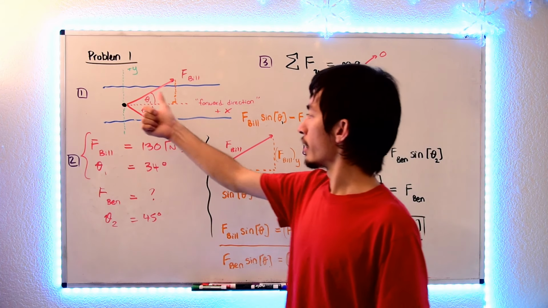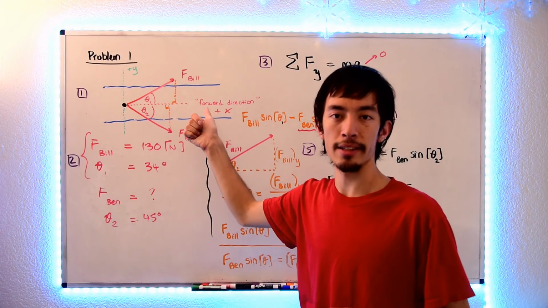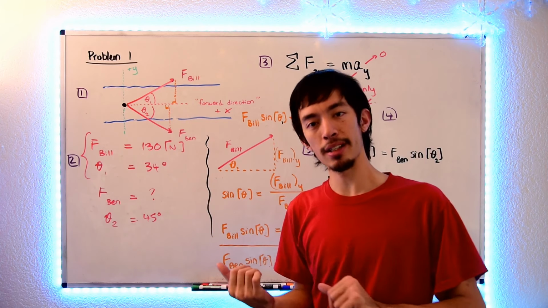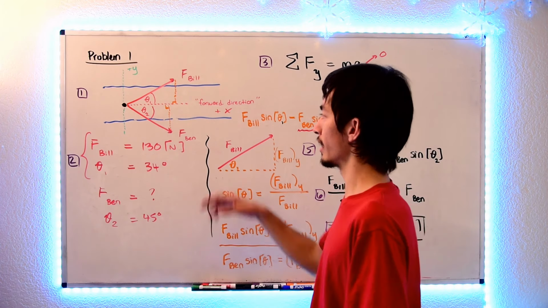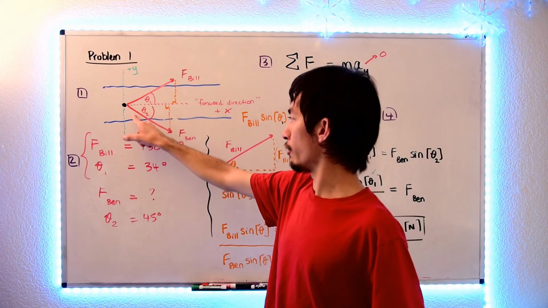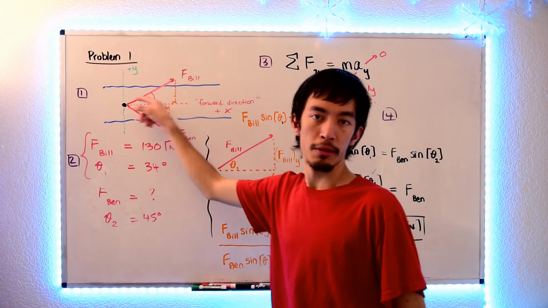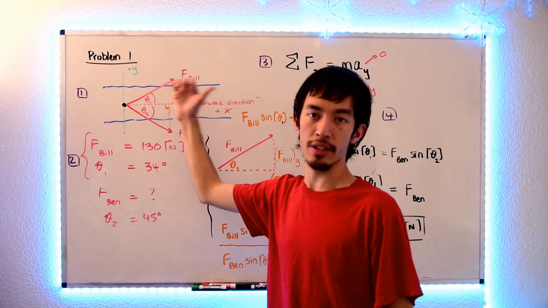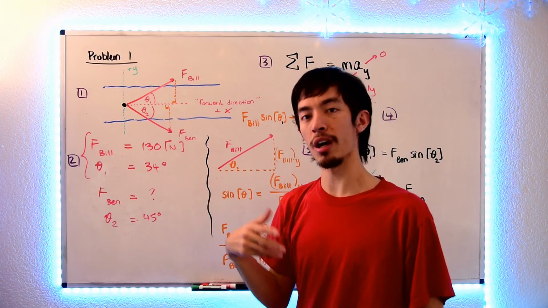But this object is still going to move along the x-axis. Just because it's moving doesn't mean it's going to accelerate, but it could. In this case, it should have an acceleration, because if these are the only two forces in this diagram, they both have an x component to the right, so they add together to a bigger x component force to the right, which will cause an acceleration.